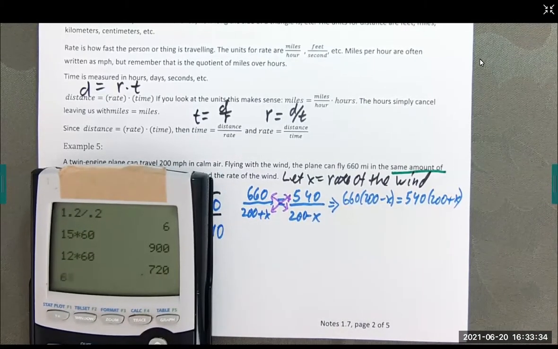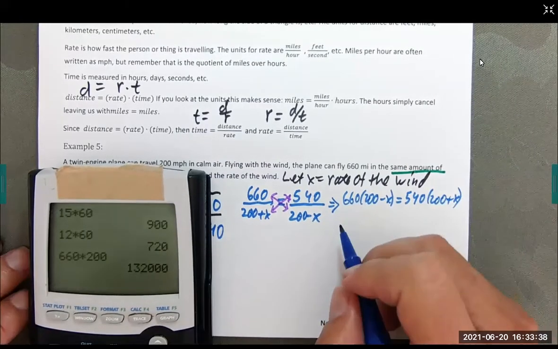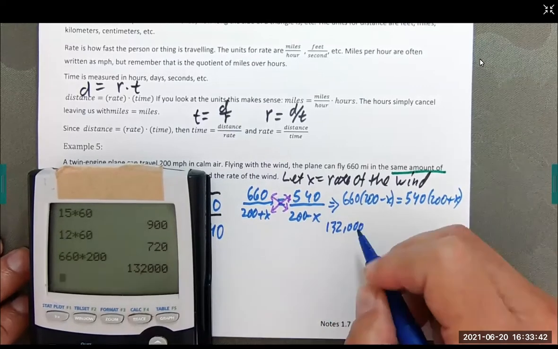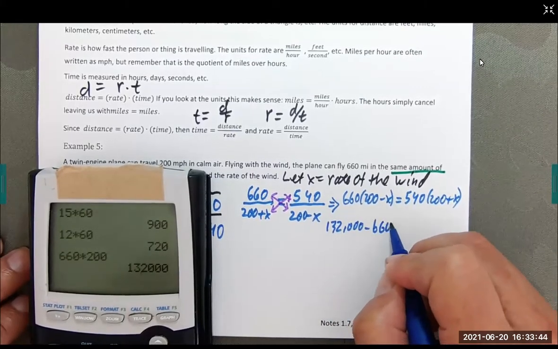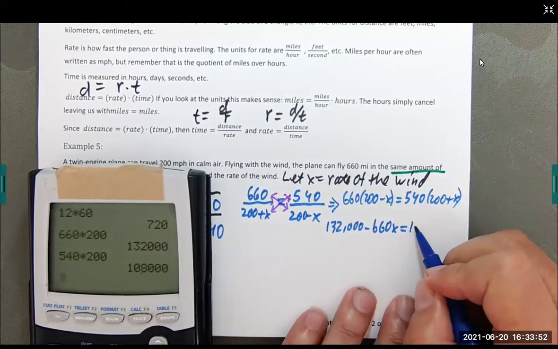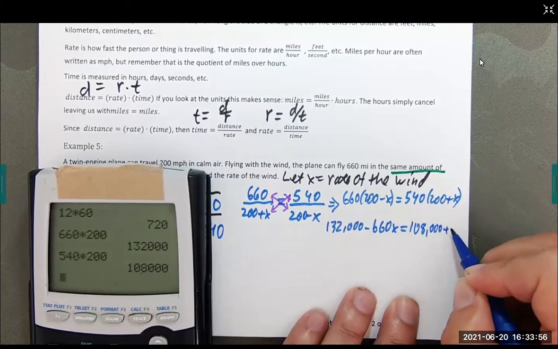So 660 times 200, 132,000 minus 660x equals 540 times 200, 108,000 plus 540x.